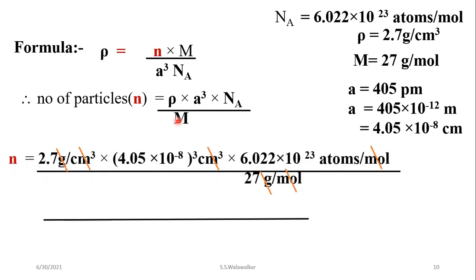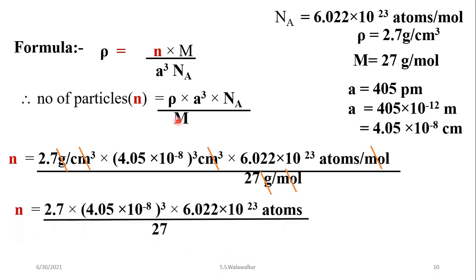So if you substitute these values in this formula, then what do you get? Gram cancel, centimeter cube cancel, mole per mole cancel. So what remains? Atoms. Now 2.7 into 4.05 into 10 raised to minus 8 raised to 3 into 6.022 into 10 raised to 23 atoms divided by 27.